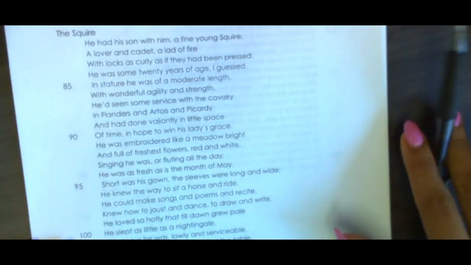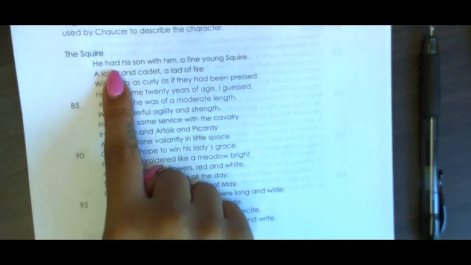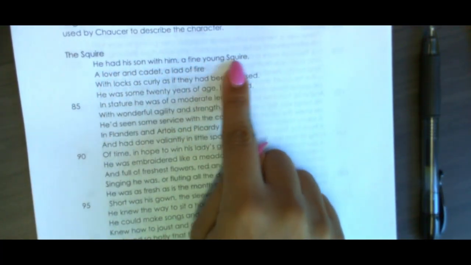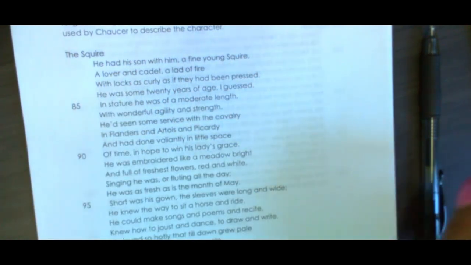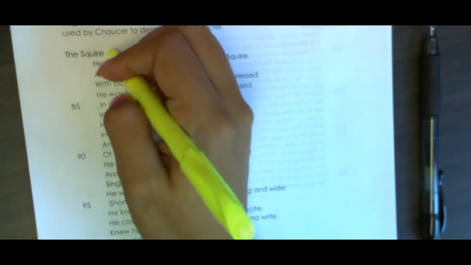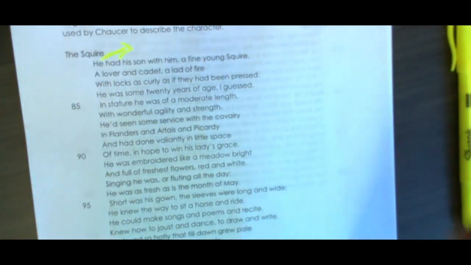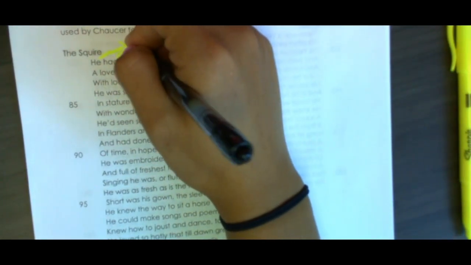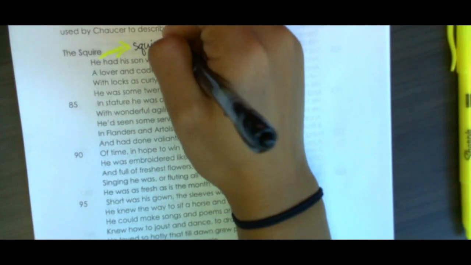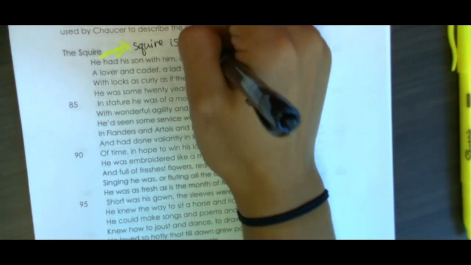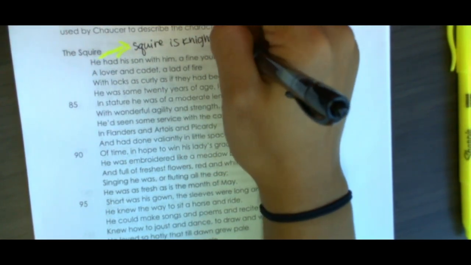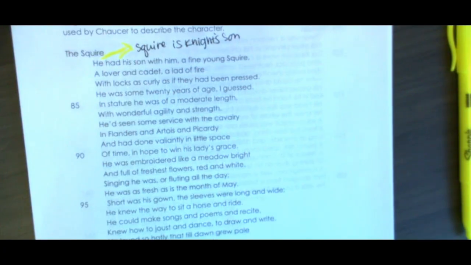"The Squire. He had his son with him, a fine young squire." Oh, so the squire, right here, put a little arrow. The squire is the knight's son. So the knight is a daddy.